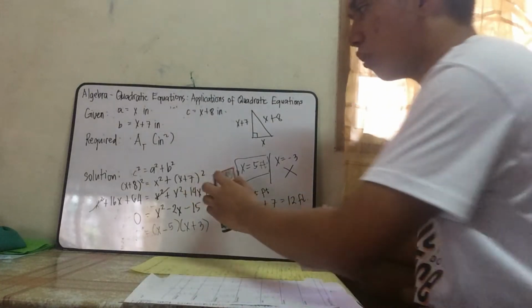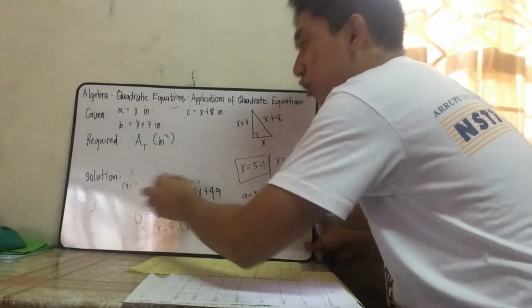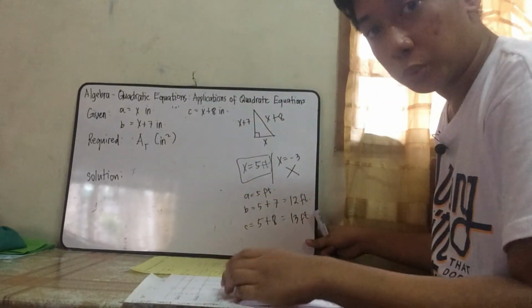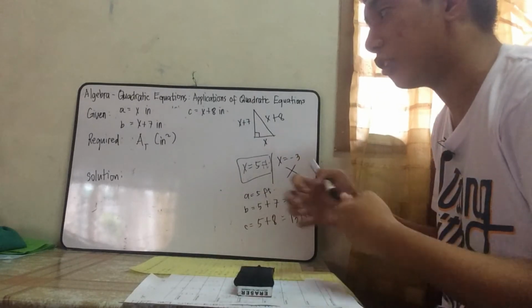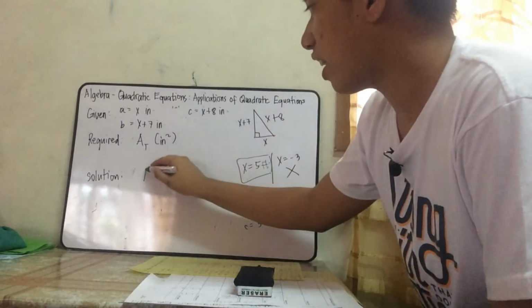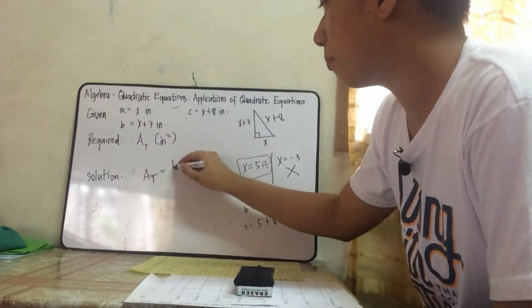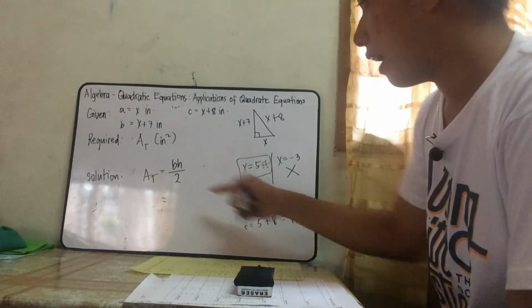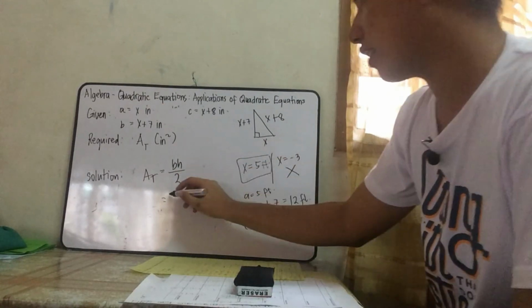So, paano natin isosolve ang area? We will just use the formula base times height divided by 2. So, very easy lang kung alam natin yung basic formulas, diba? So, area of the triangle is equal to base times height divided by 2. So, is equal to, ang base natin is x.